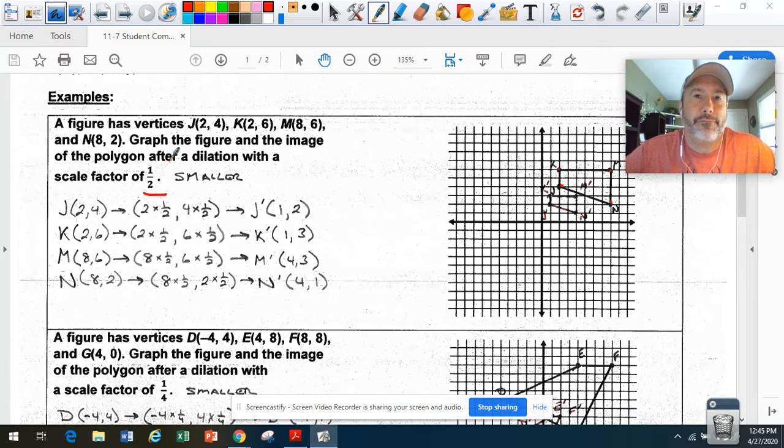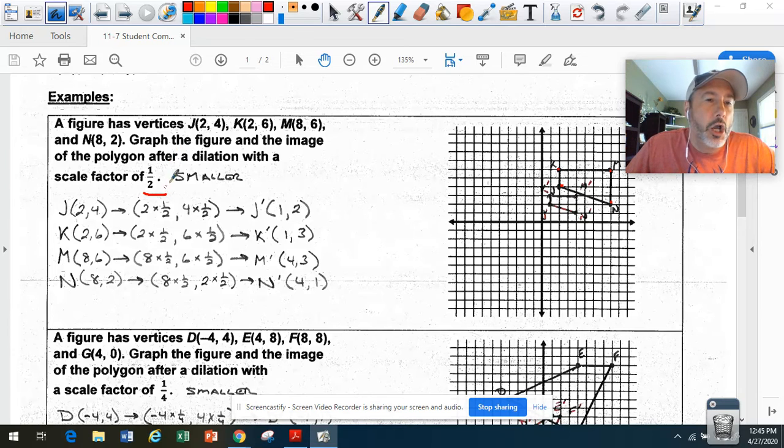If you have a scale factor greater than 1, the new object will be larger. Now, here's a trick question. Maybe not that tricky. Hopefully you know it. What happens if the scale factor is just 1? Do you know the answer? The object is going to stay the same. It will be exactly over top of it.